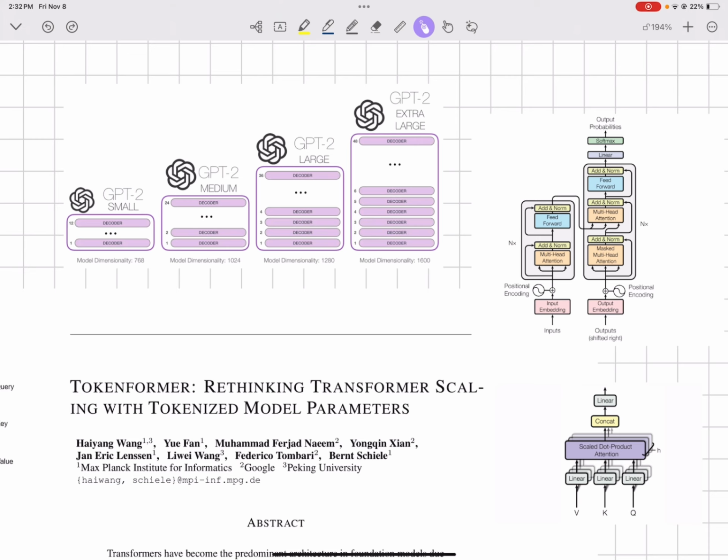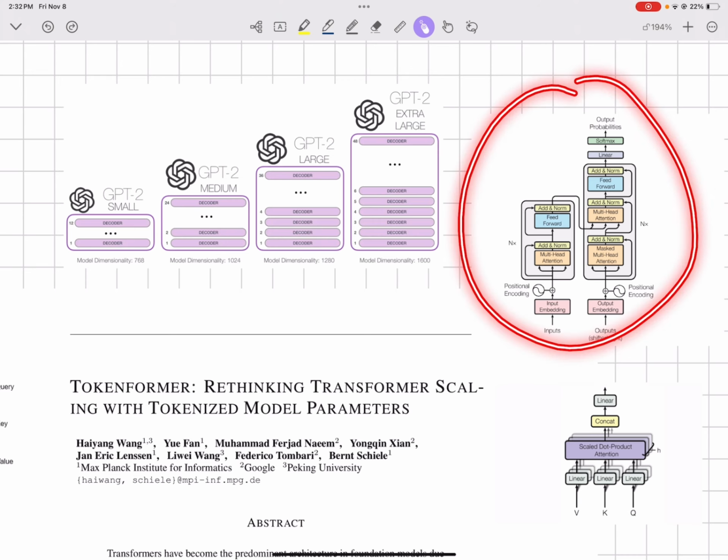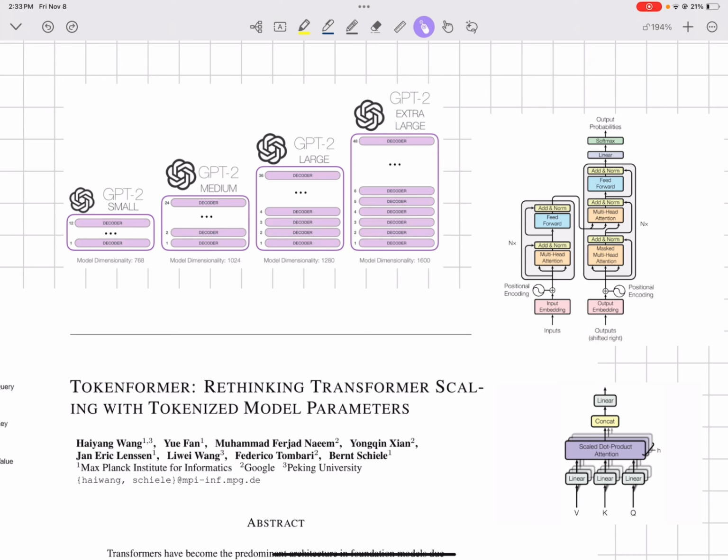This is what this paper is about, TokenFormer, which is a new architecture that allows the transformer to be scalable. Instead of scaling in the traditional sense, in terms of adding more layers or increasing the model dimensionality, we're going to scale in the axis of adding what we call token parameters.